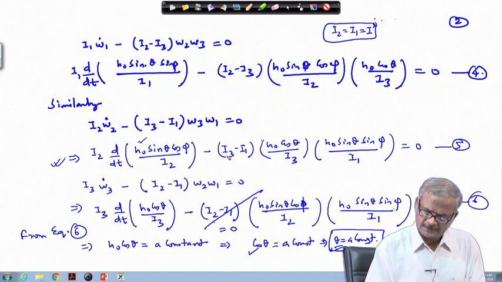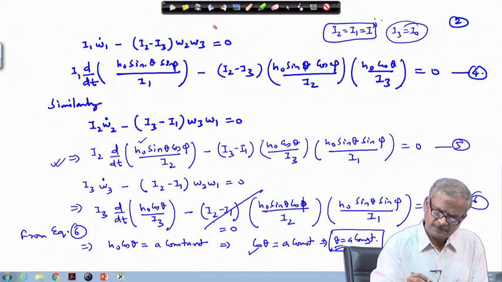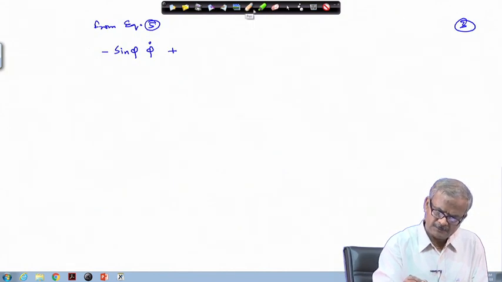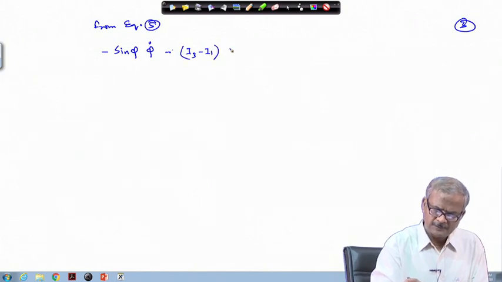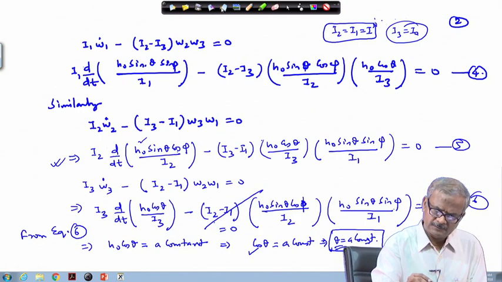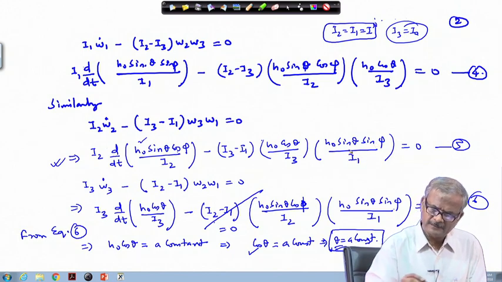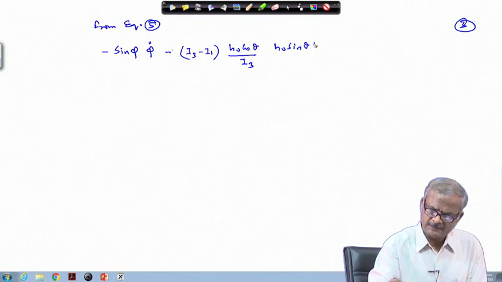So, this we can write as I 0 minus I 3, we are writing as I 0, plus this is minus I 3 minus I 1 times H 0 cos theta by I 3, H 0 cos theta divided by I 3, and H 0 sin theta sin phi divided by I 1, and this quantity is equal to 0.